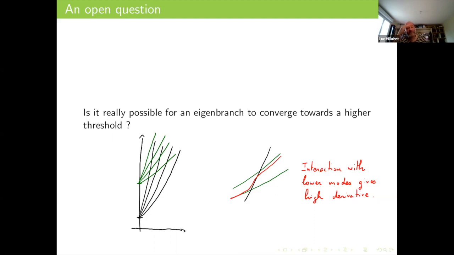Any time it crosses one of these black lines, it interacts with the lower modes and has a high derivative.